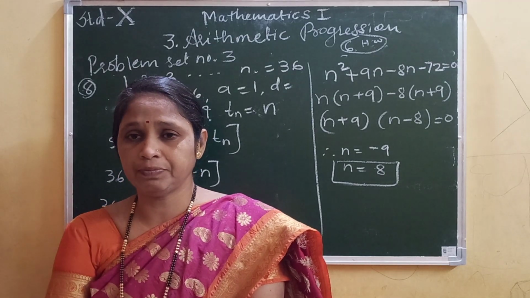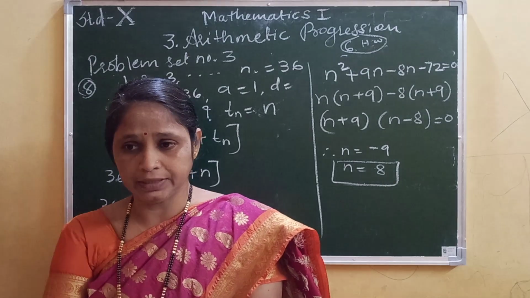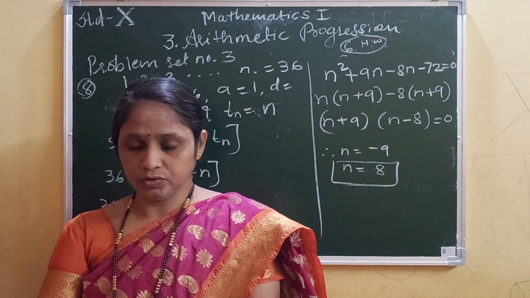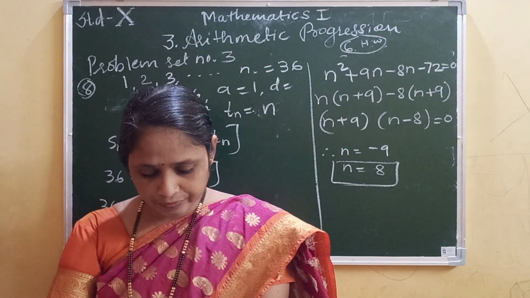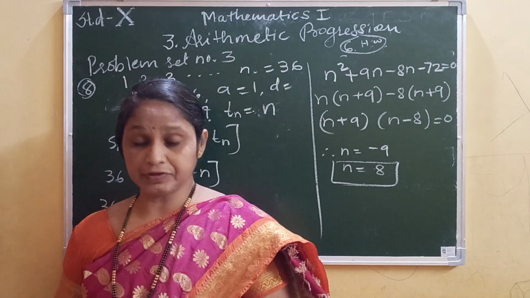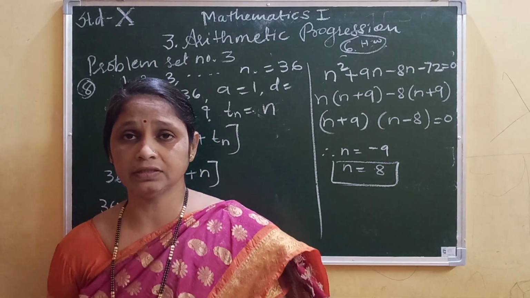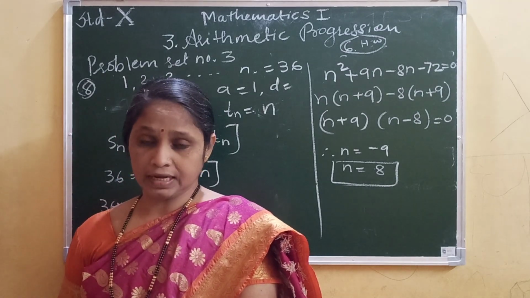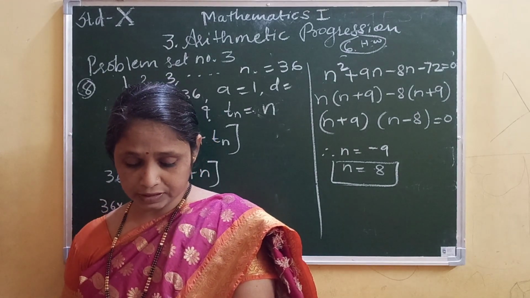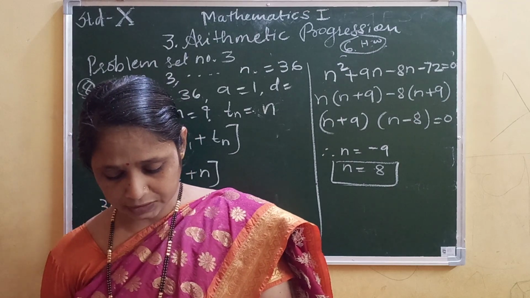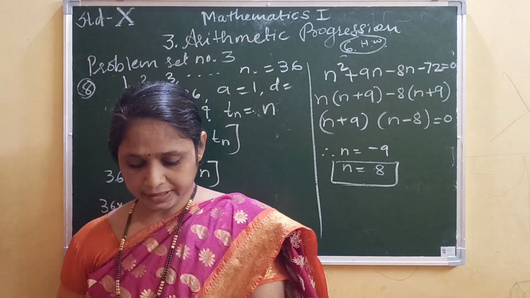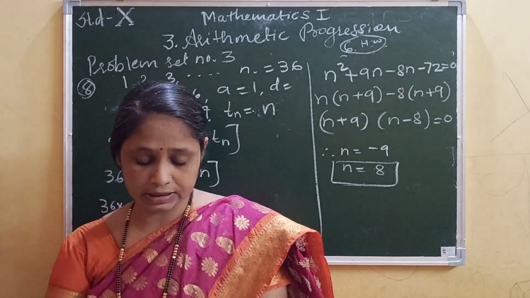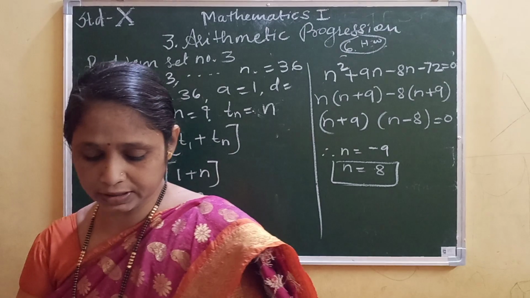Tn is equal to A plus (n minus 1) into D. Here first term is 1000 and n is 20. Difference is 100. So the amount of simple interest after 20 years will be equal to 2000. Okay, this activity you are going to complete, the 14th activity.